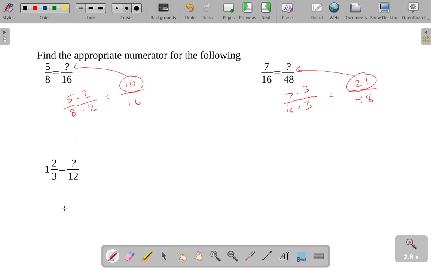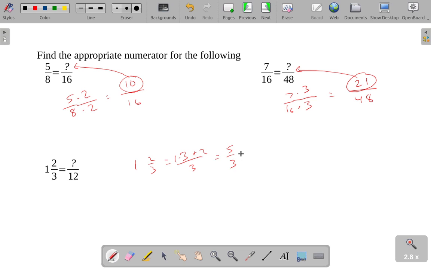All right, now let's look at this one. You'll notice we're going from a mixed number to a fraction, and we're also changing the denominator of that fraction. So I'm actually going to have to take this in two separate steps. I'm going to start off by converting the mixed number, 1 2/3, to a fraction. Converting from a mixed number to an improper fraction gives me 1 times 3 is 3, plus 2 is 5.